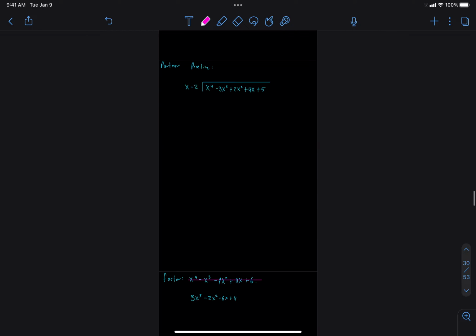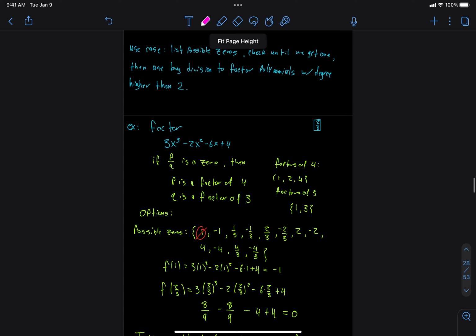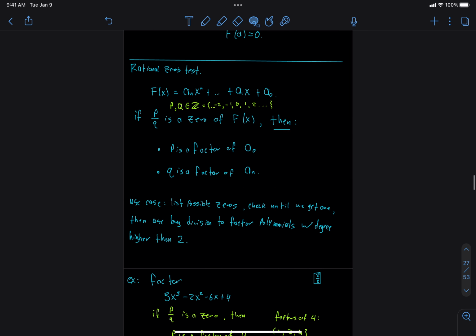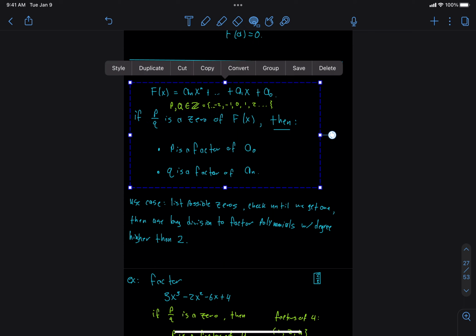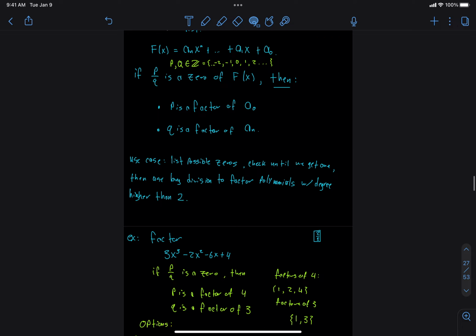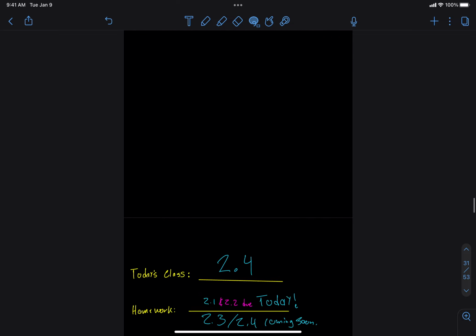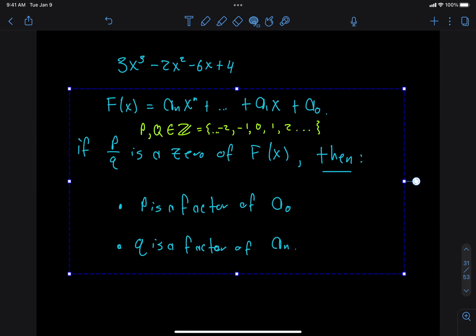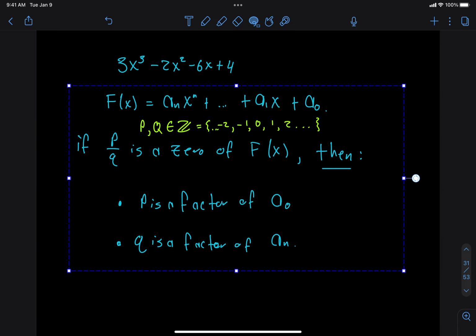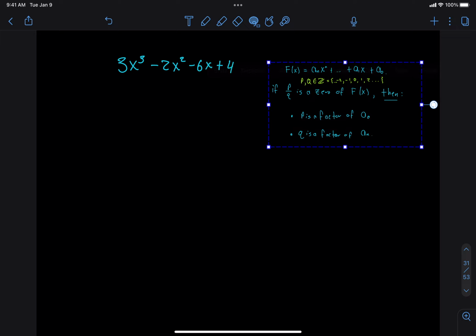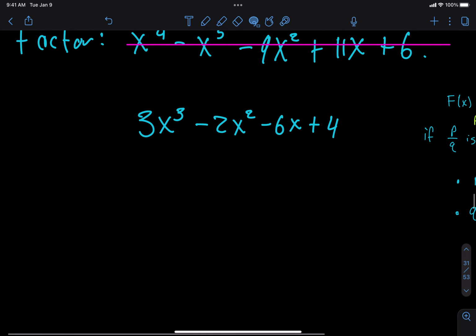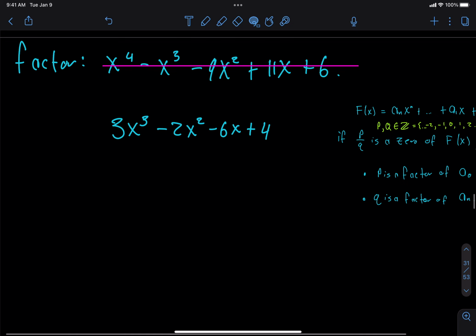So let me copy down what the rational root test says. Here's the rational root test. I'm going to make it smaller and put it over to the side. Okay, so we want to factor this function here.